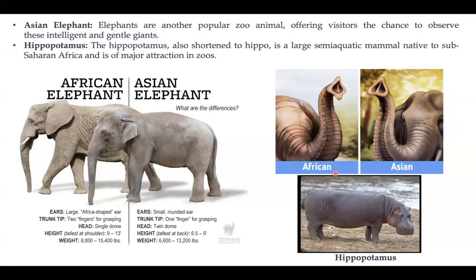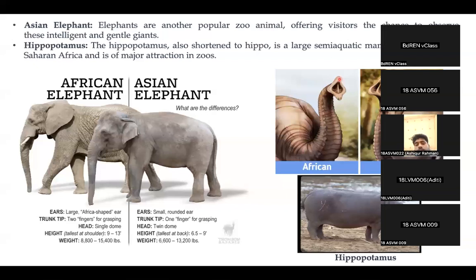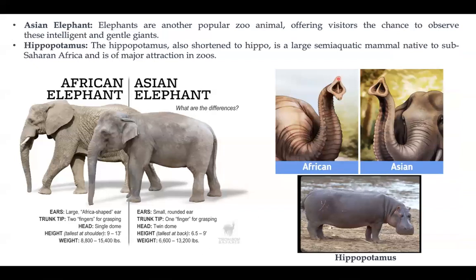As you can see in the right picture of African and Asian elephants, the tip of the African elephant is composed of two finger-like structures, and for the Asian it is only one finger-like structure, and the bottom is quite a bit rounded, or altogether you can say a triangular shape. So African have two fingers for grasping, and Asian have one finger for grasping.